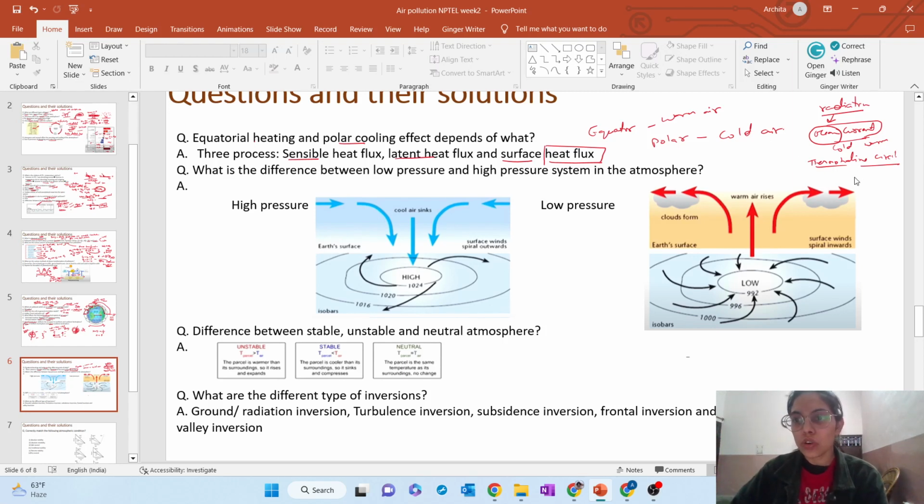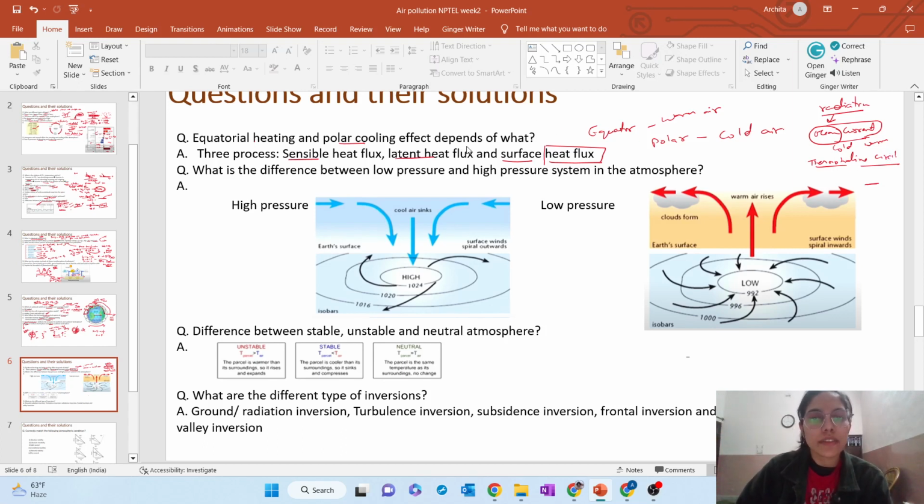So the air over a warm ocean current is warm, and the air over a colder ocean current will be cold. So this is what surface heat flux is, when these ocean currents radiate the heat to the aerosol particles in their vicinity, right?